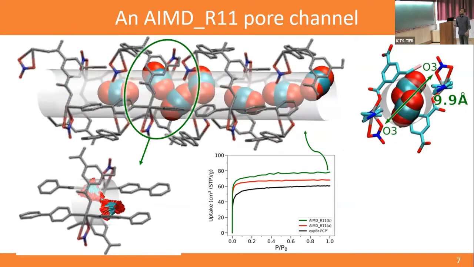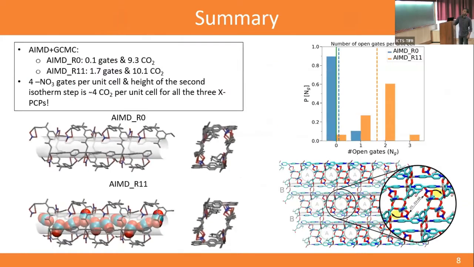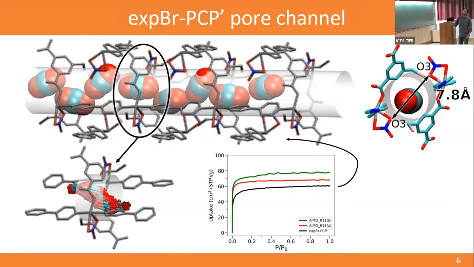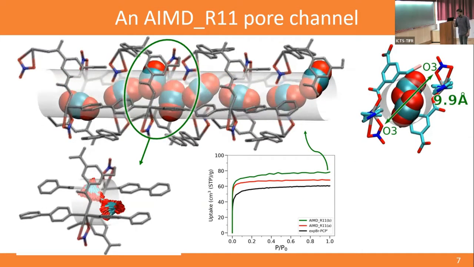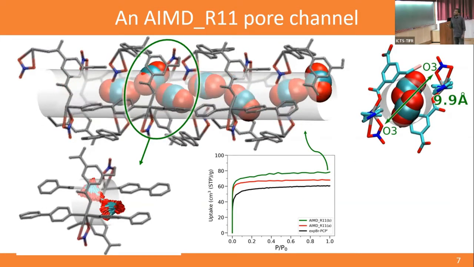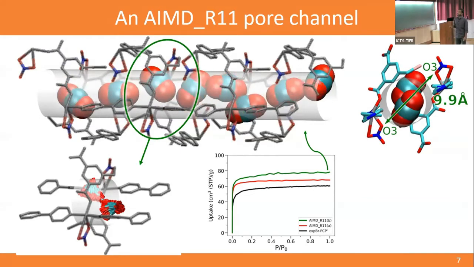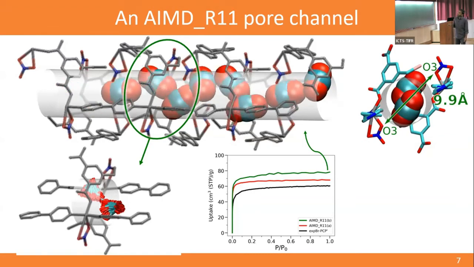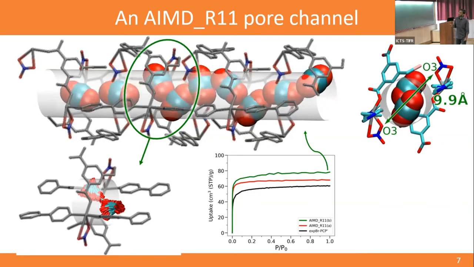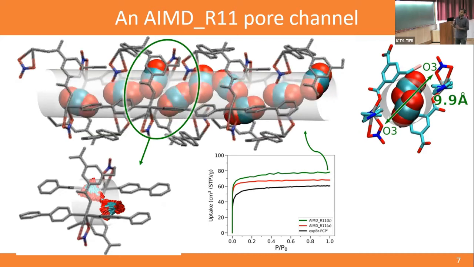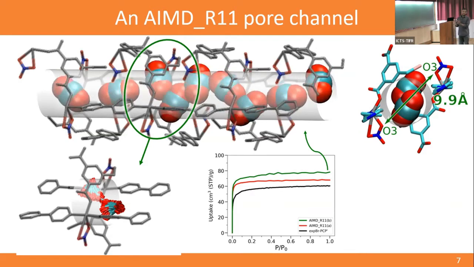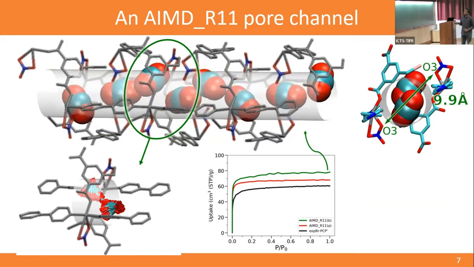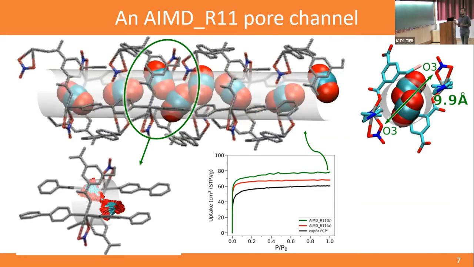And if we look at the same pore channel in one of the R11 snapshots, we see that the carbon dioxide which occupies the space between these nitrate groups is now not only radial in direction, but instead of 1, there are 2 carbon dioxide sitting there. And if you look at the separation between the nitrate groups, it's about 10 angstrom now.